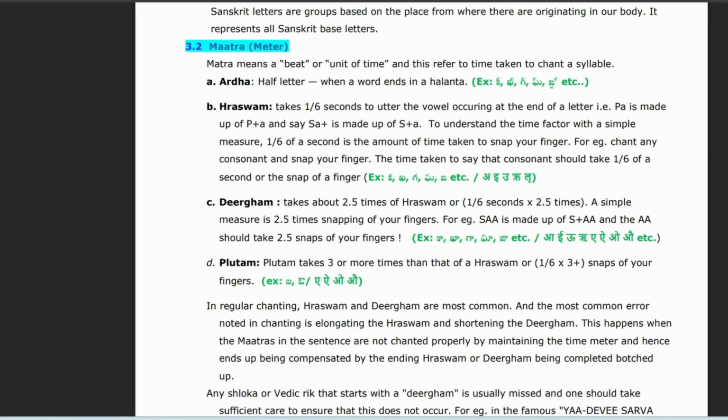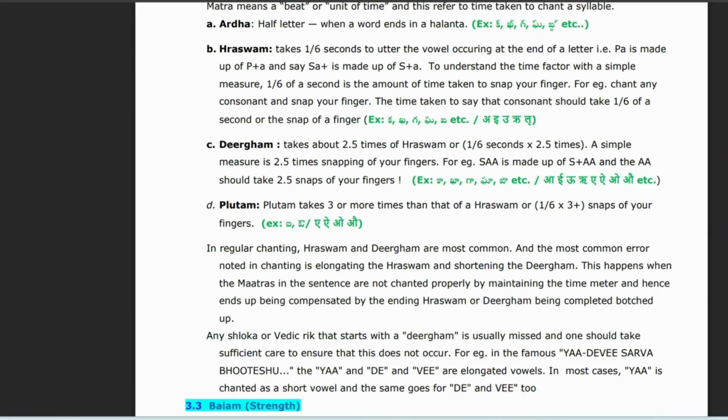There are different measures, like one-sixth of a second it takes and all that, but usually we don't count all that. Hrasvam is like a short vowel or short consonant, and dirgham is when you have a longer akshara.